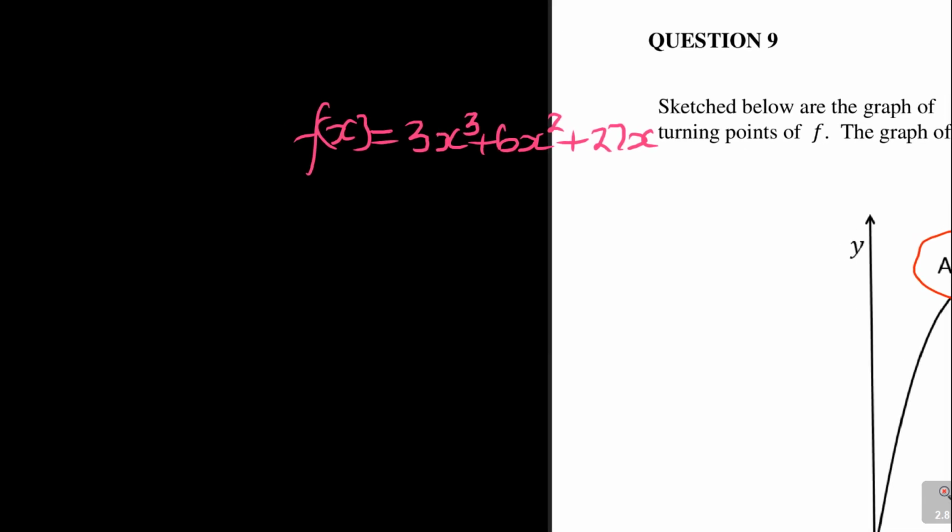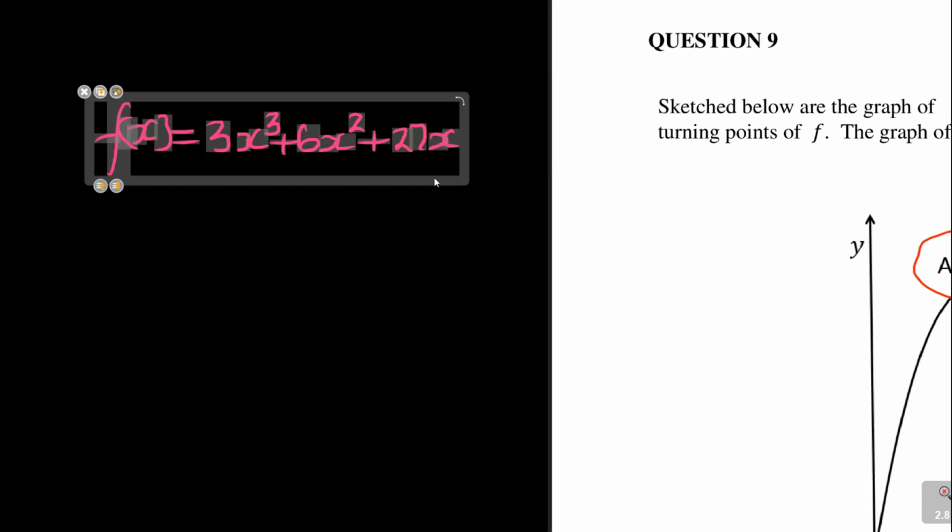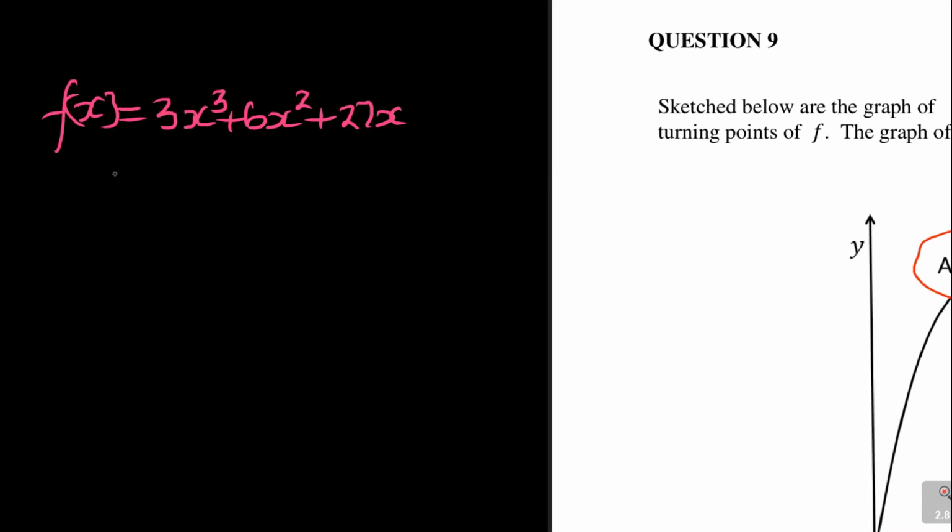Now, if you are given this, we're going to find f prime of x. What is f prime of x? Remember calculus: you take the 3, you drop it, and you subtract 1 from the power. You do the same thing with the 2, you drop it, subtract 1. The 27x simply becomes 27.